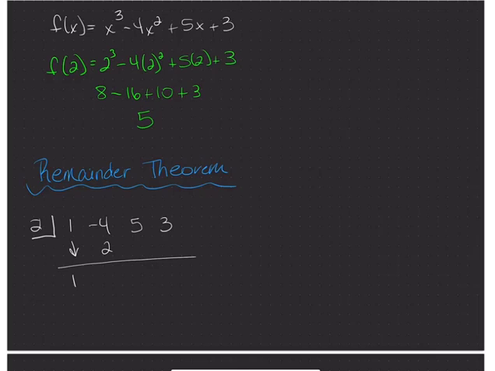Negative 4 plus 2 is going to give us negative 2. Negative 2 times 2 is going to give us negative 4. 5 minus 4 is 1. 2 times 1 is 2. 3 plus 2 is 5. And what's our remainder? 5.